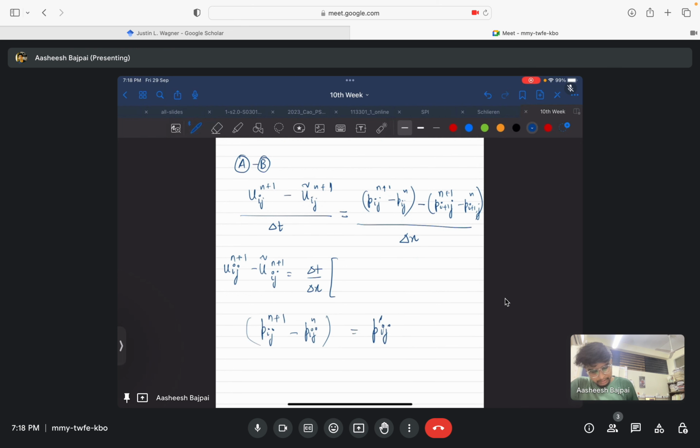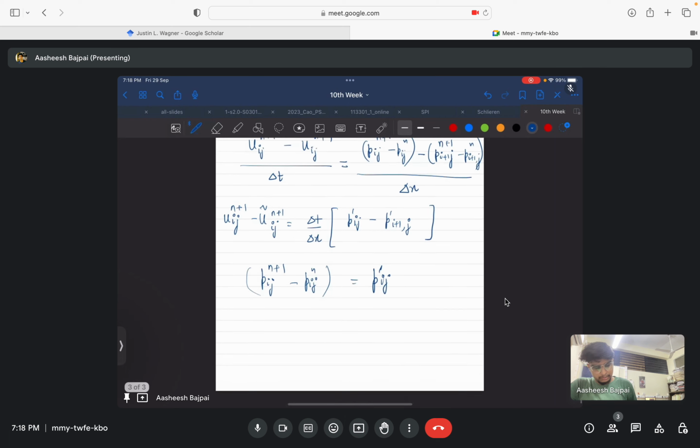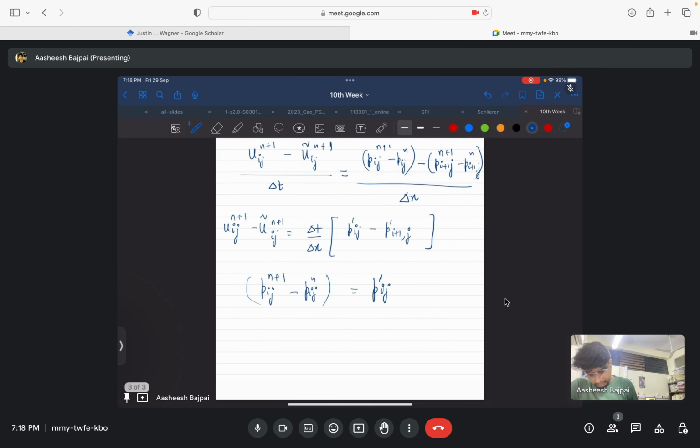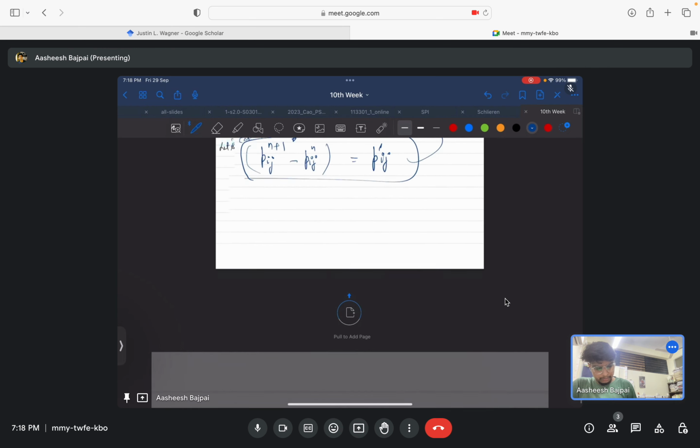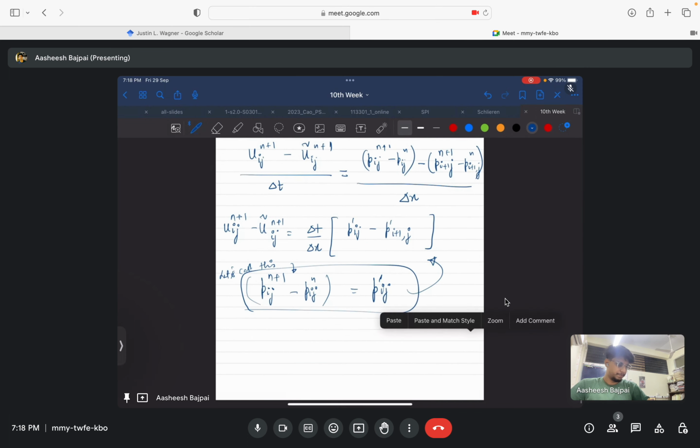Is it fine? So let's call it P dash_ij minus P dash_i+1,j. Okay, not dividing, this one only. Okay, this much is clear.